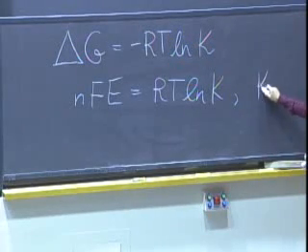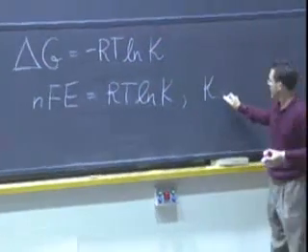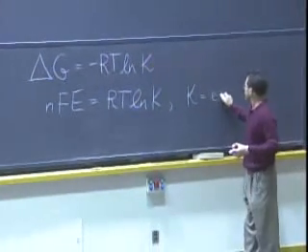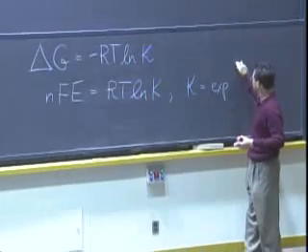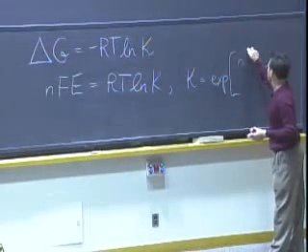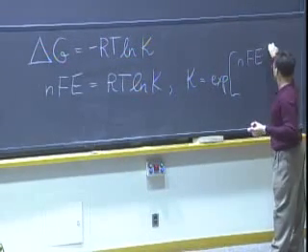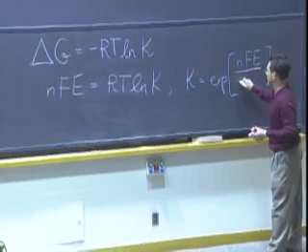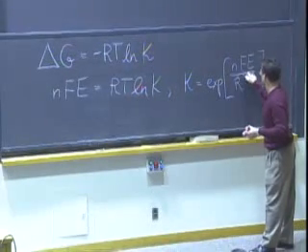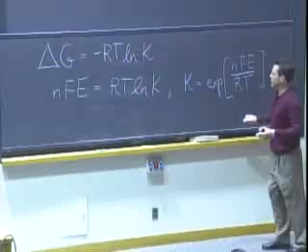We're going to see that the equilibrium constant K is equal to an exponential of NFE divided by RT.